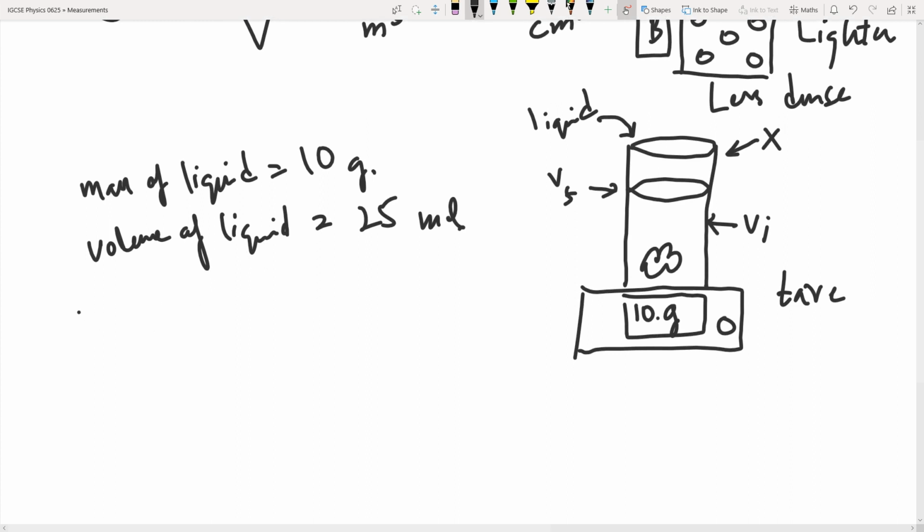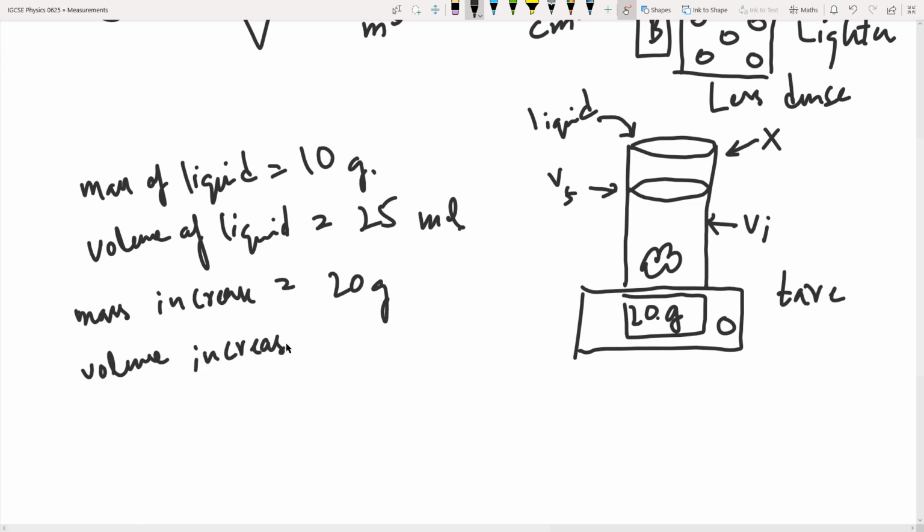We're going to note also that the mass is going to change because I've added more mass into this. Let's say it went from this to 20 grams, right? So the mass is now 20 grams, and the final volume of liquid is now 35 milliliters, right?